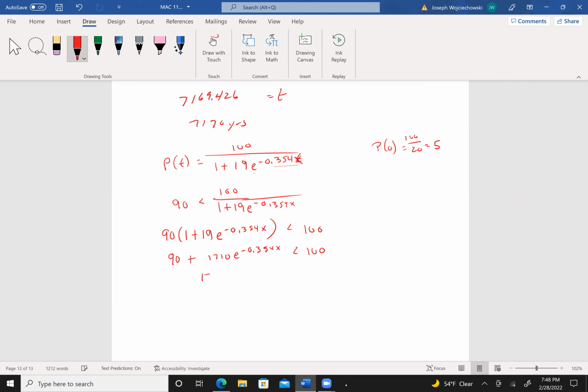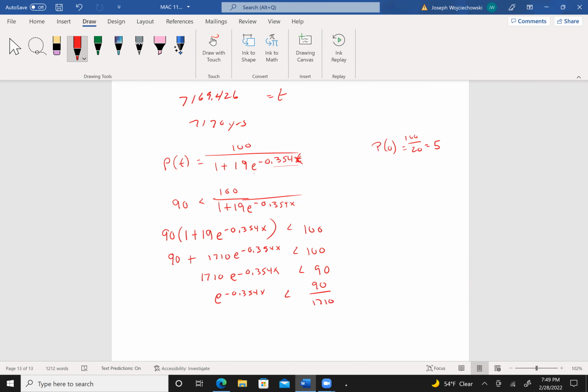Subtract the 90 from both sides. Oops. E to the negative 0.354x. I can divide, so I have e to the negative 0.354x less than 90 over 1710. Let's see how that division comes out. And messy.